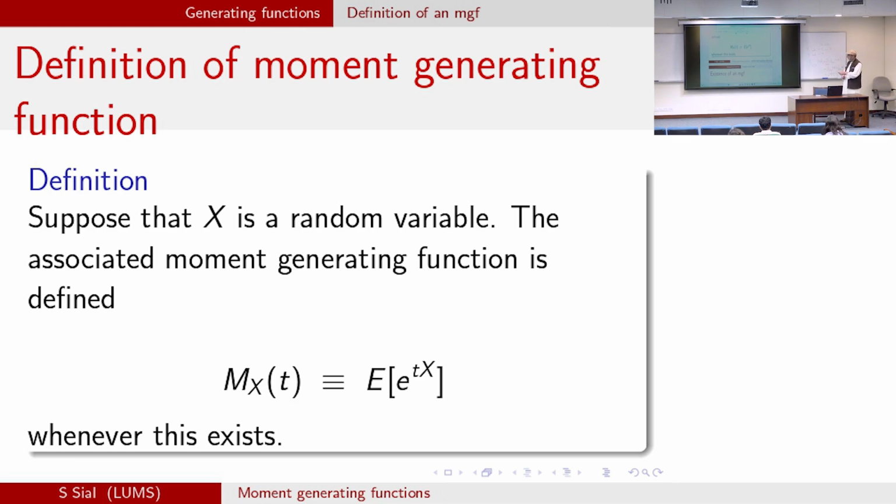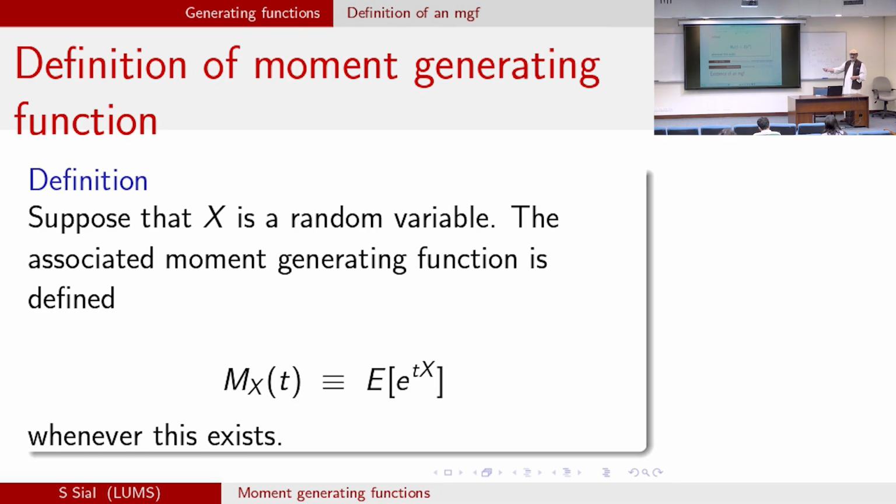I call that, and when I calculate the expectation, I'm supposed to be doing either a sum or an integral. So I'm going to sum out, or integrate out, all the x's, and what I'm going to be left with is a function of t.